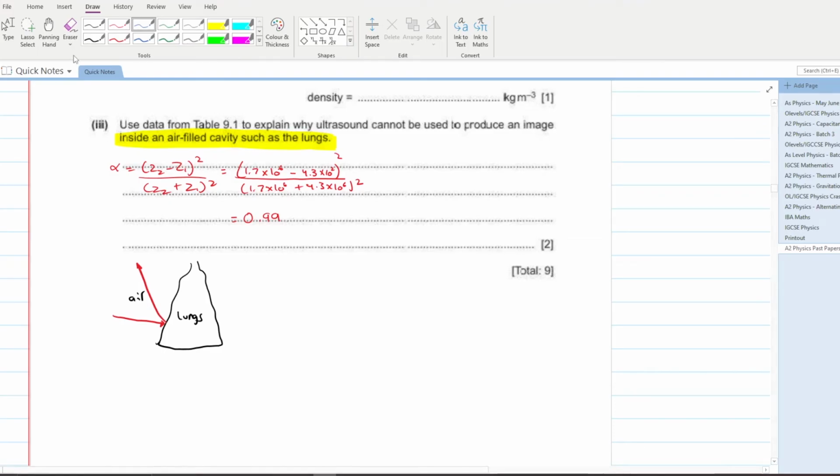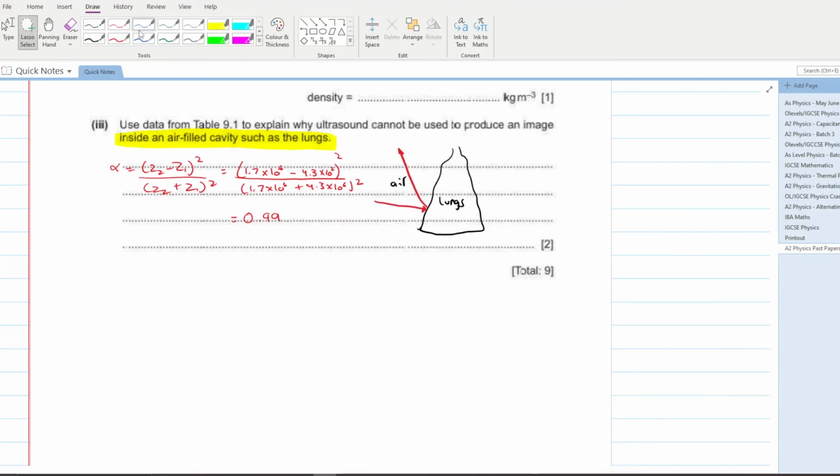So how can you frame your answer here? You can say that the intensity reflection coefficient is too large.